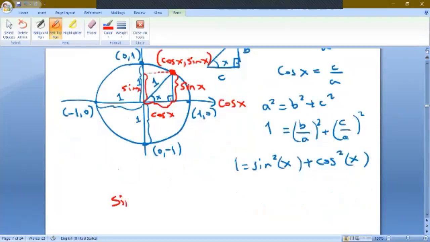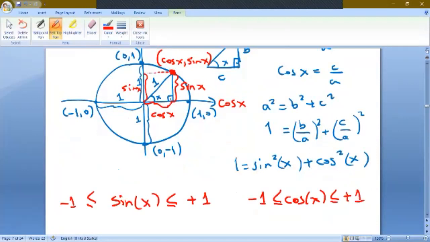So at most the sine can get plus 1 and at least it can get minus 1. This is also very important to know. And same for cosine. At least cosine can get negative 1 and at most it can get positive 1. So they oscillate between these numbers.